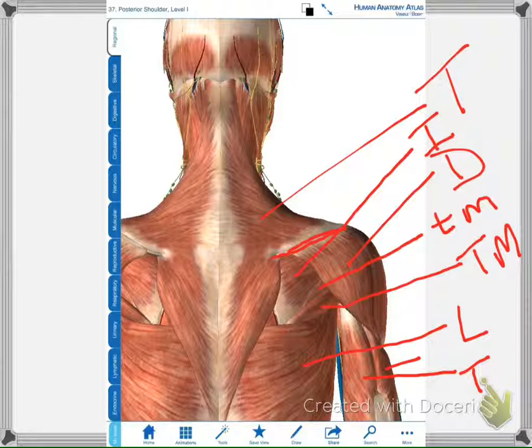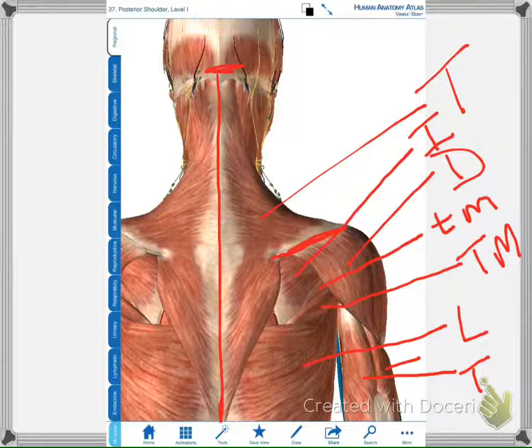Now, the one thing about the trapezius muscle, it has an attachment here to the scapular spine. Anteriorly, it also has an attachment to the lateral clavicle. Superiorly, we have attachment to the occiput, and inferiorly, not in this view, we have attachments to the thoracic vertebral spine. Here along this midline, the trapezius originates off of the spinous processes of the cervical and thoracic vertebrae.